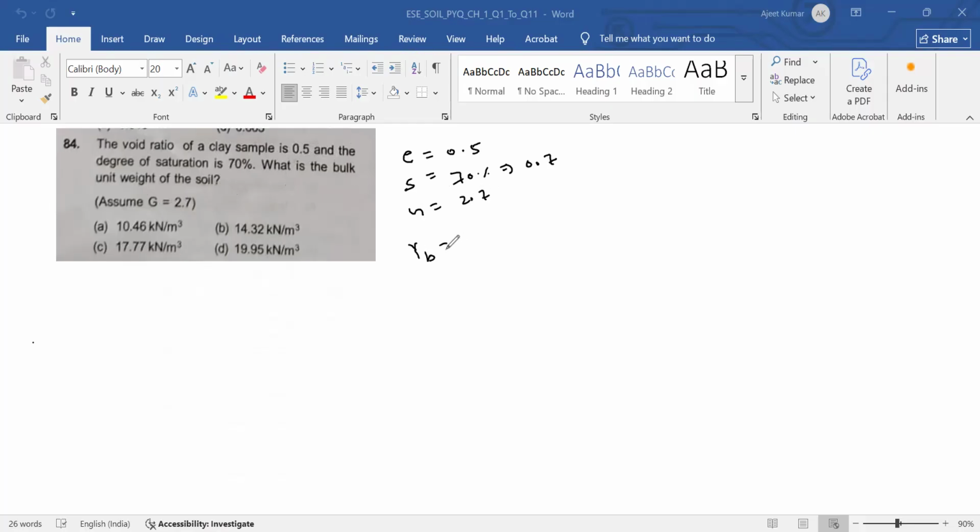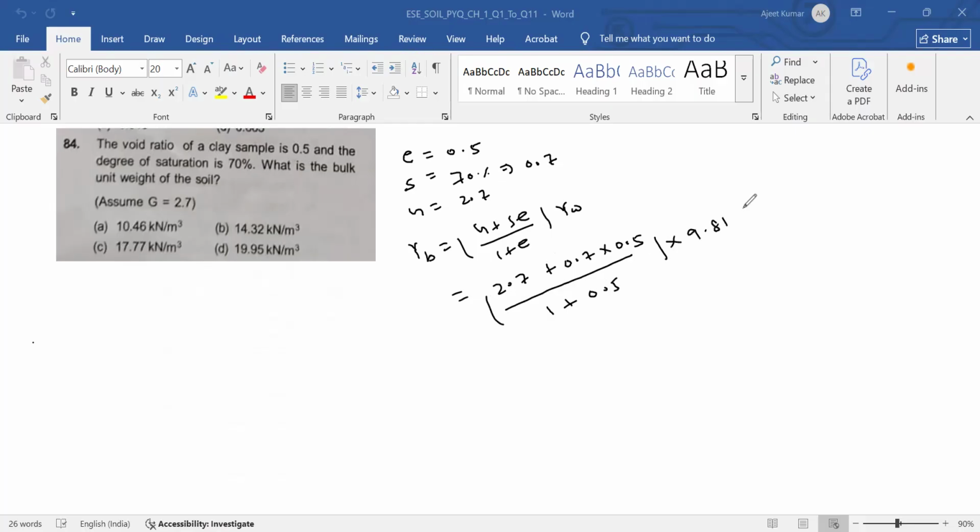So you know that gamma b is equal to (G plus S e) divided by (1 plus e) into gamma w. G is 2.7 plus S is 0.7 into e is 0.5, divided by 1 plus 0.5, into gamma w is 9.81 kilonewton per meter cube.